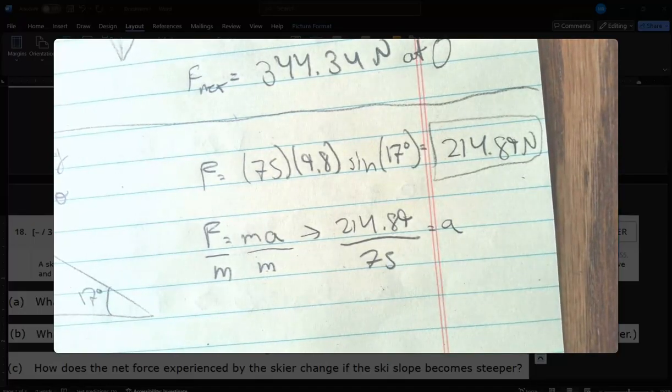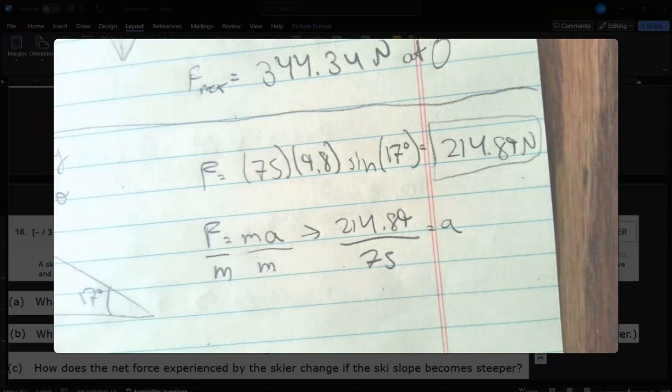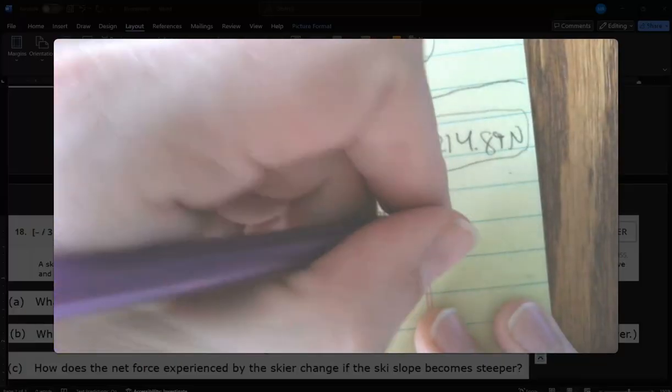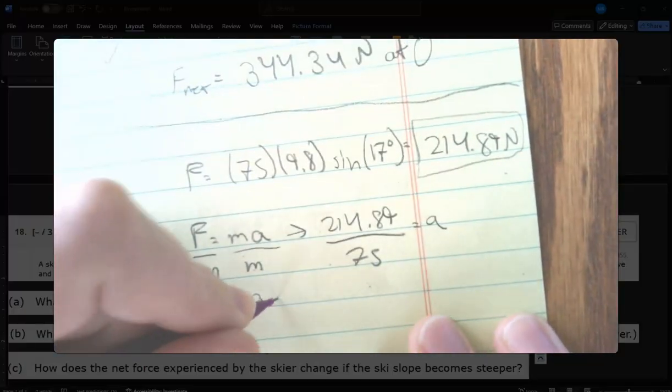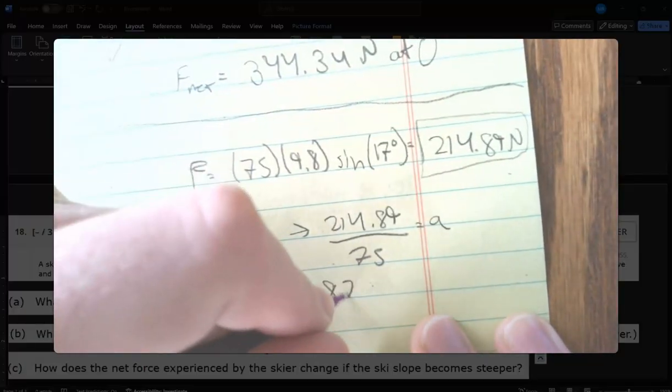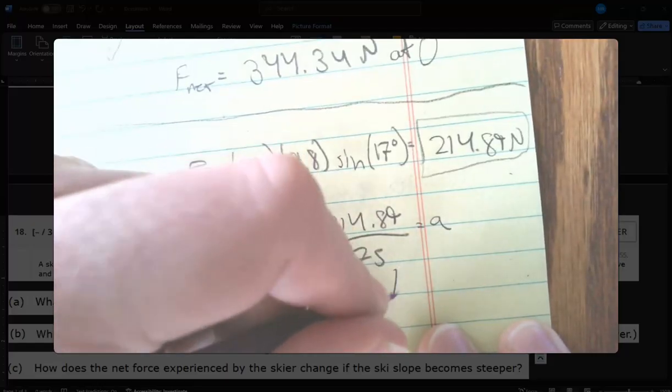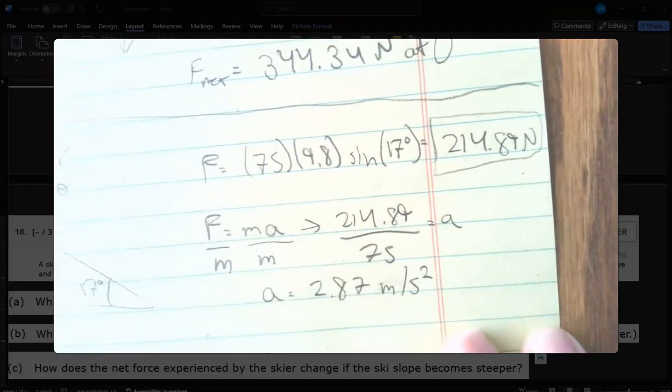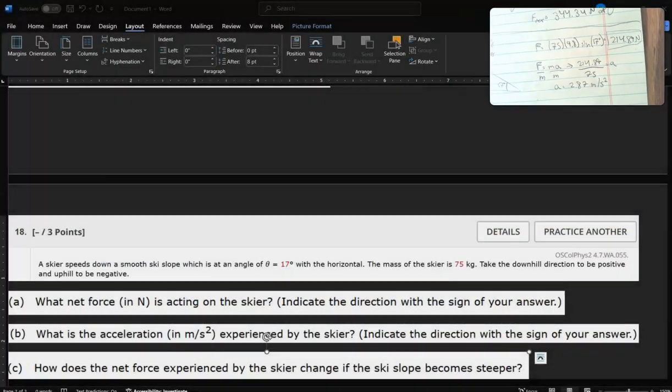So 214.89 divided by 75. We're going to get an acceleration of 2.87, it looks like, meters per second squared.